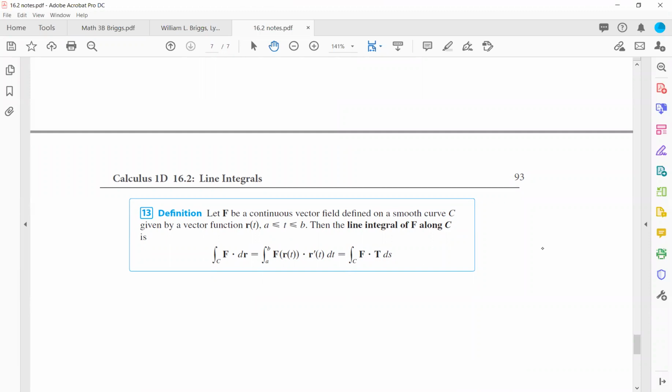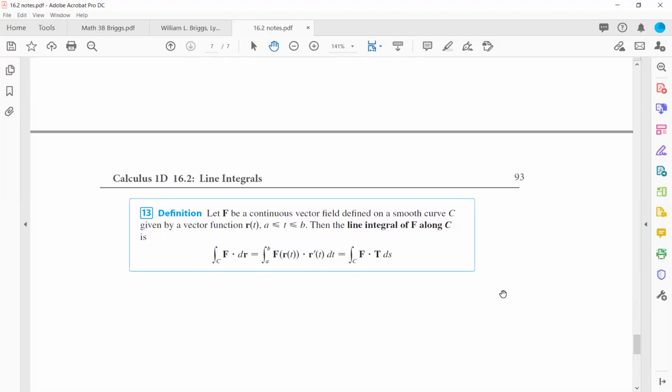Then the line integral of the vector function F along C is defined as the integral of F inner product dr over C, which is equal to the integral of F evaluated at r(t) inner product r prime of t dt, t ranges between a and b, which is equal to the integral of F inner product T along C.